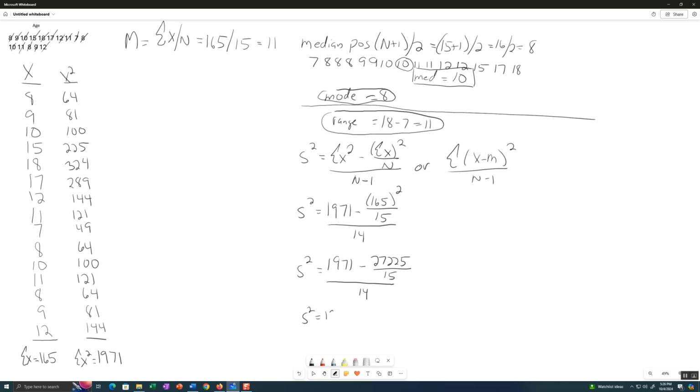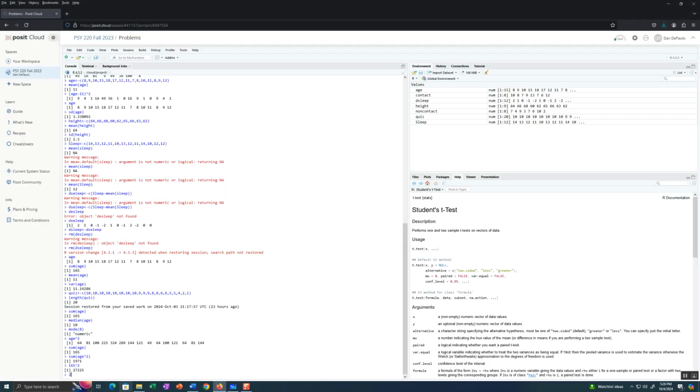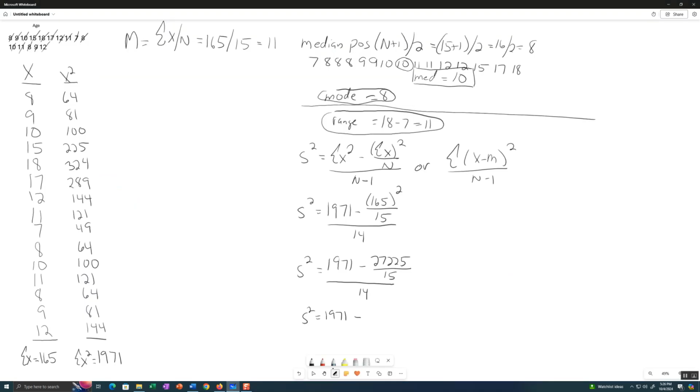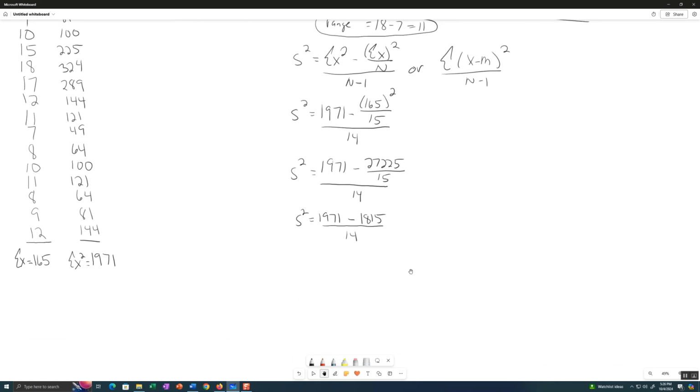Let's simplify that. 1971 minus 27,225 divided by 15. That gives me 1815. Let's go back to here. 1815, all over 14. Let me just move that up a bit.